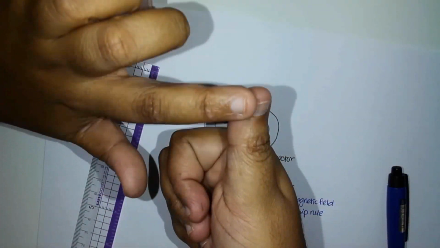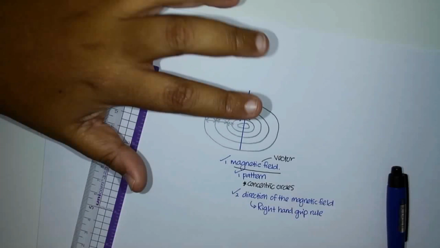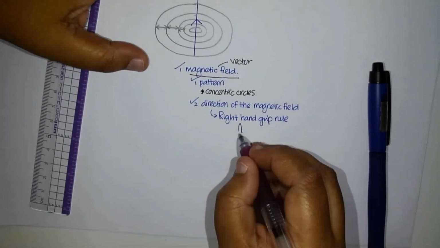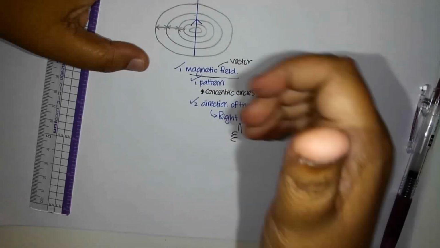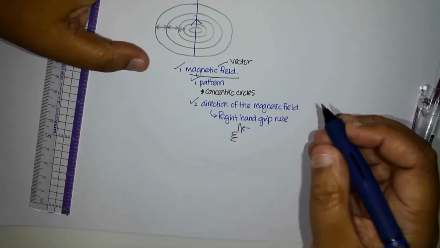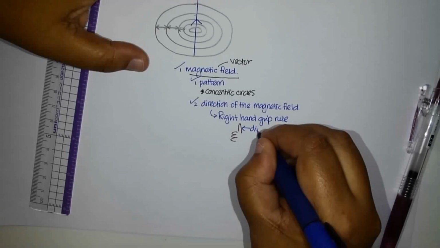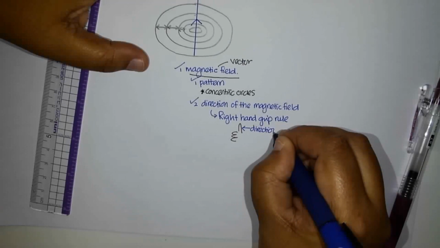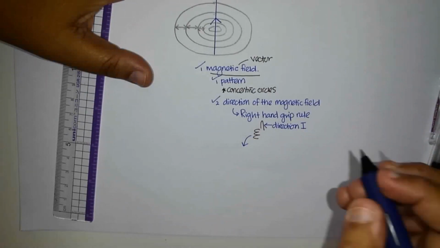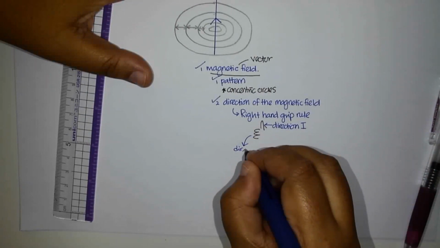The thumb will represent the direction of the current. This is the thumb, these are the fingers. You grip it like that. So the thumb will represent the direction of the current, and the fingers will represent the direction of the magnetic field.